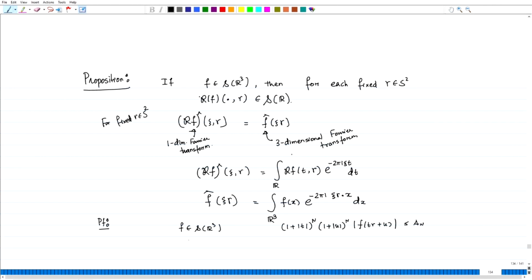So, in order to show that R f is a Schwartz class function, we need to show that the supremum over t of R f of t comma gamma is finite. That is what we want to show.